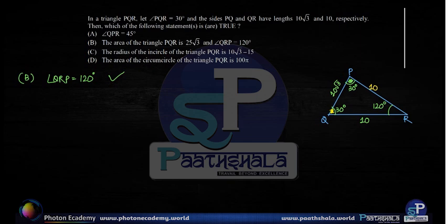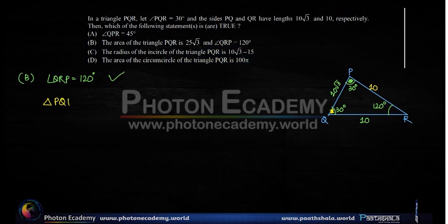To find the area of triangle PQR, we will use the area of triangle PQR is equal to half ab sine theta.